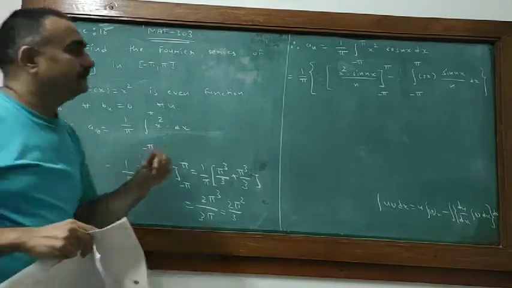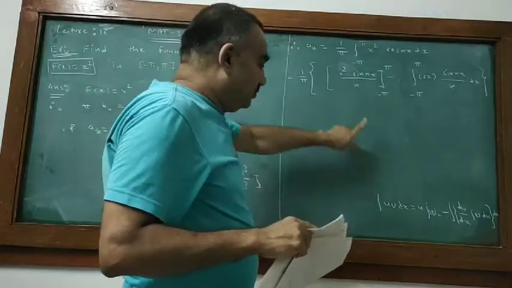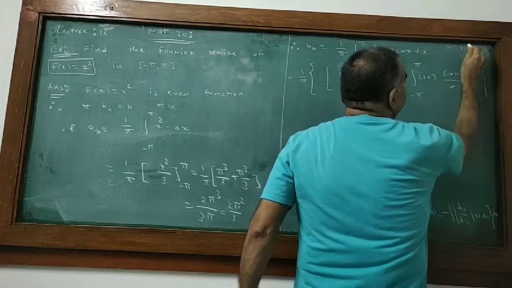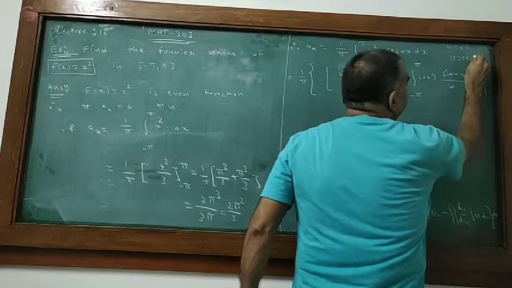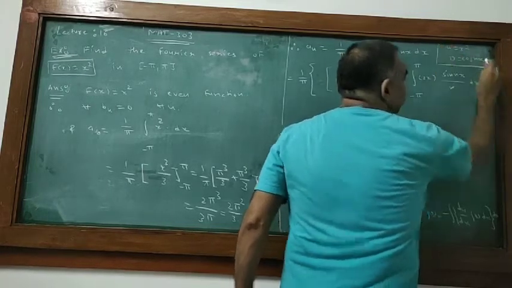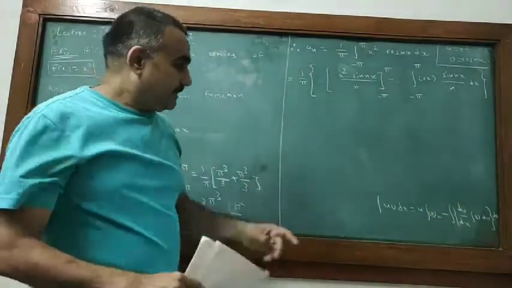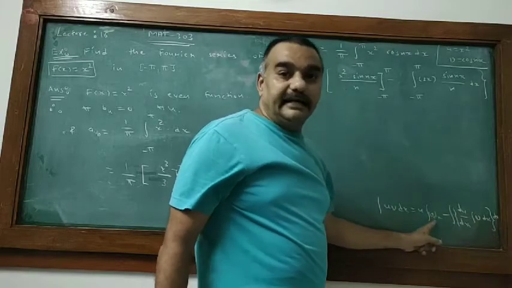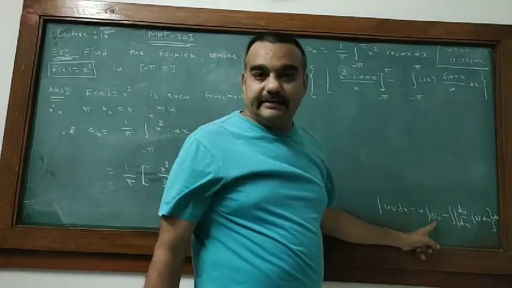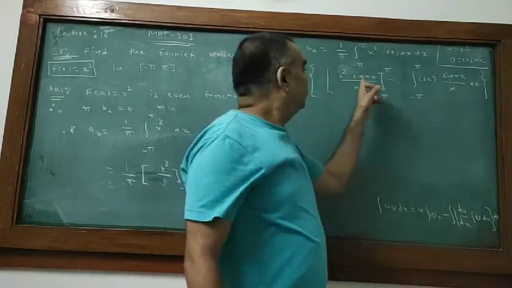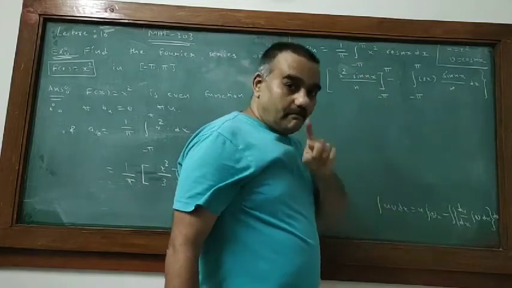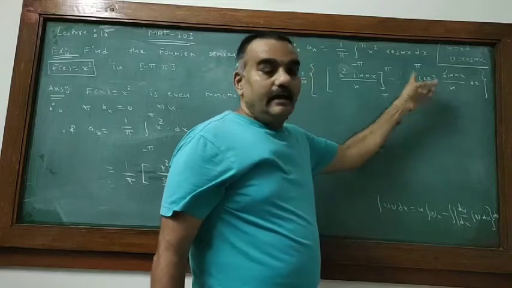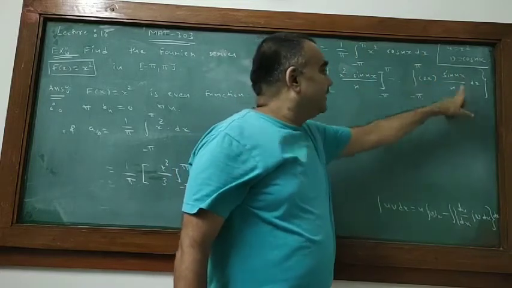See here, u is x square and v is cos nx. U means x square as it is. Integration of cos nx is sin nx divided by n, minus differentiation of u means 2x, integration of cos, that is sin nx upon n.